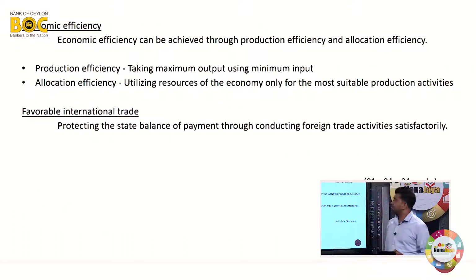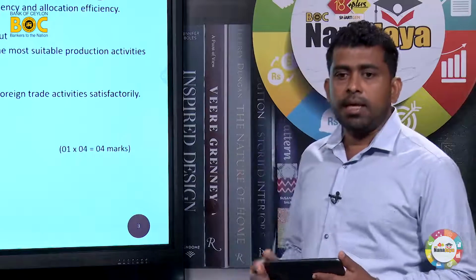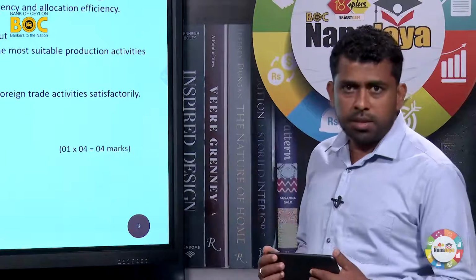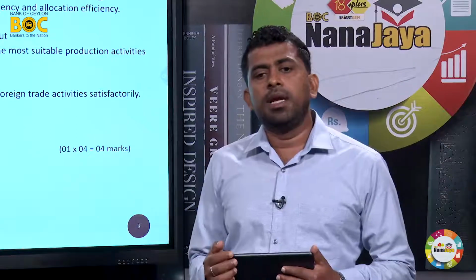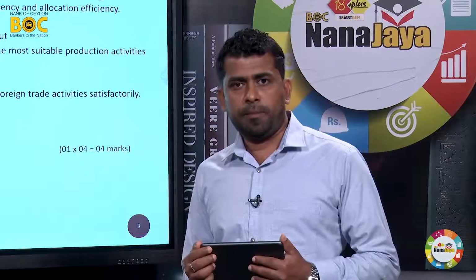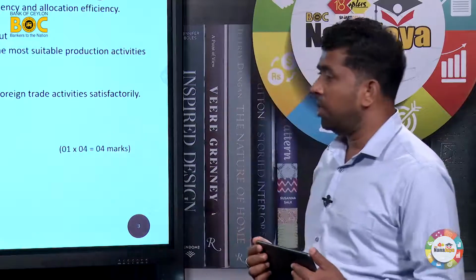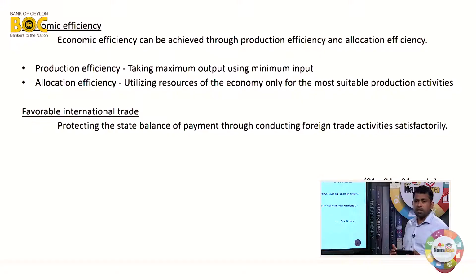Economic efficiency, here also the same, there are two aspects: first one is production efficiency and the second one is allocation efficiency. Production efficiency means taking maximum output by using limited input. Allocation efficiency means utilizing resources for the most suitable activities in the economy.